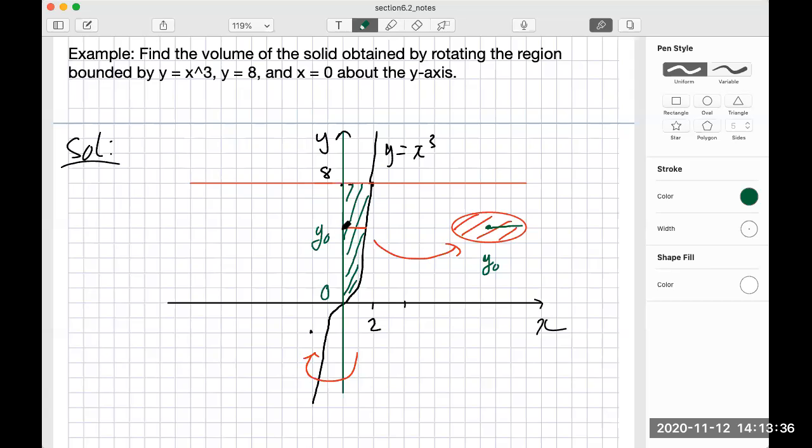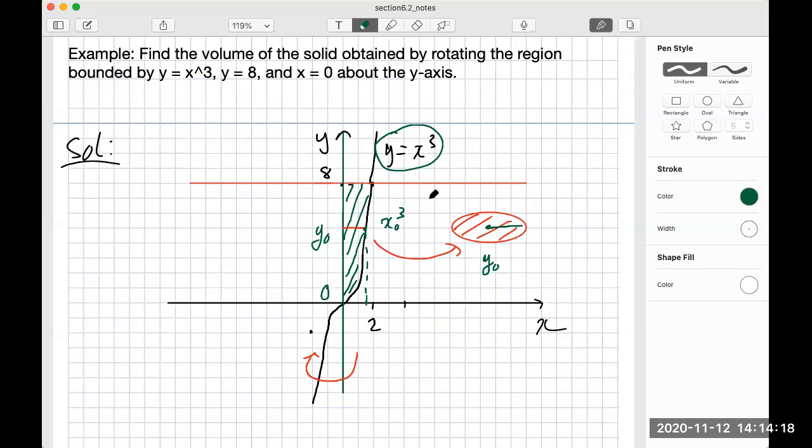So at the position y0 between 0 and 8, what is the radius of the circle? This point will be a solution of this curve, right? So if this is y0, what is the corresponding value of x? x0 cubed. Very good, Carson.